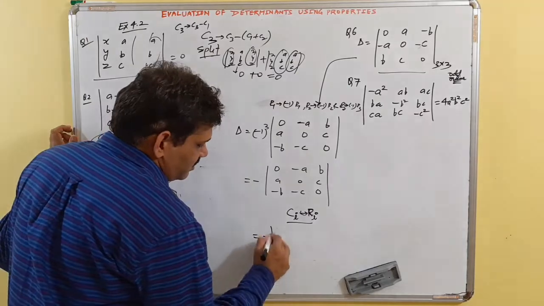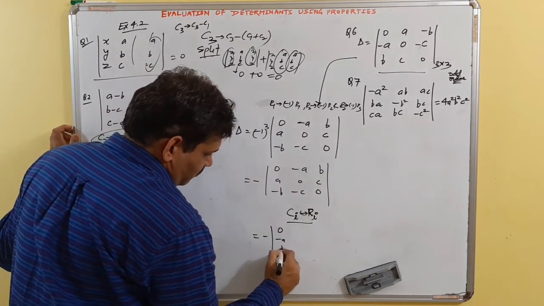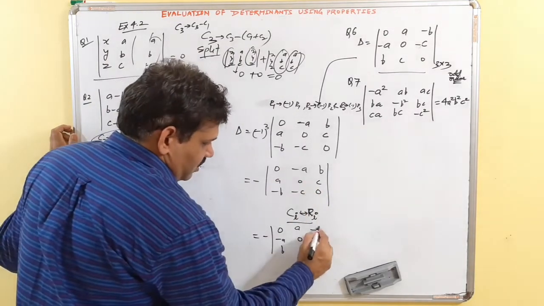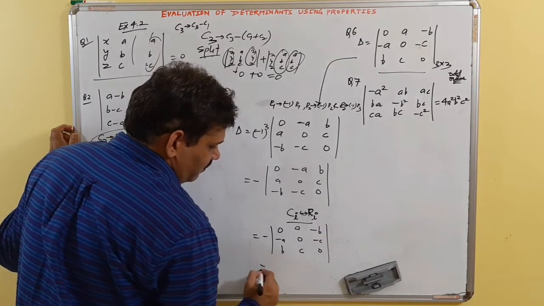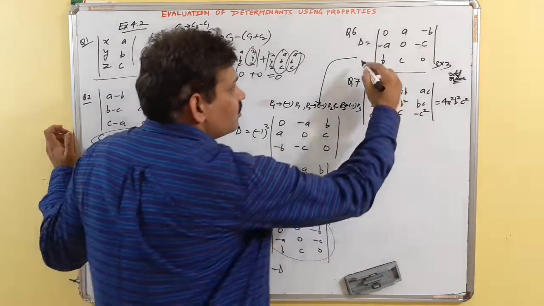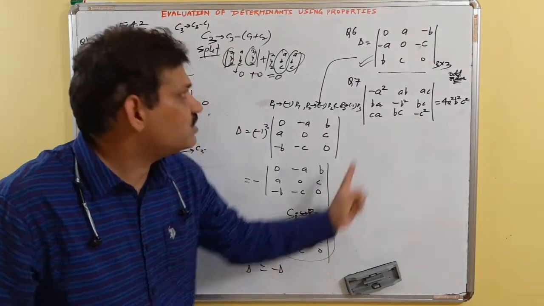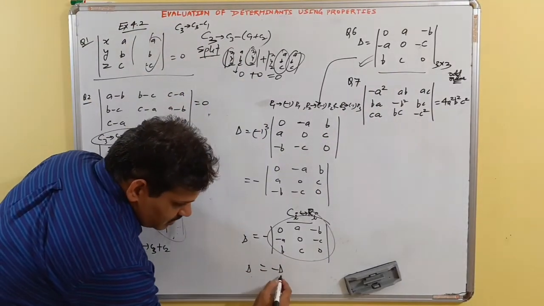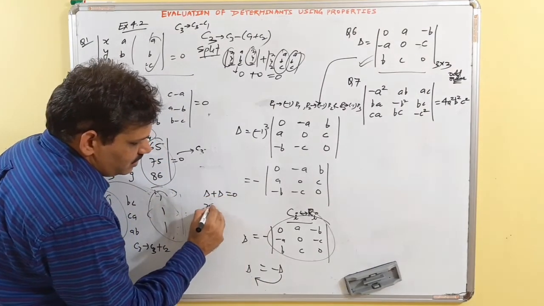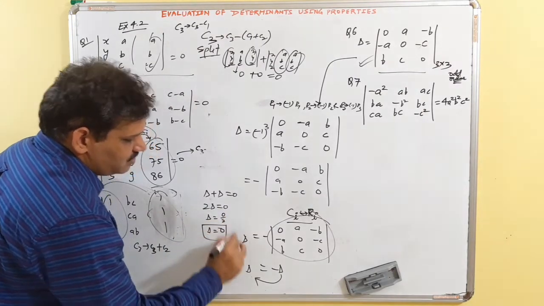So with the minus sign outside, we transpose this: the first row becomes the first column, 0, minus A, B, and so on, which is actually our original delta: 0, A, minus B; minus A, 0, minus C; B, C, 0. So delta is equal to minus delta. Transposing to the left hand side, delta plus delta is equal to 0, that is, 2 times delta is 0, so delta is 0 by 2, meaning the determinant is 0.